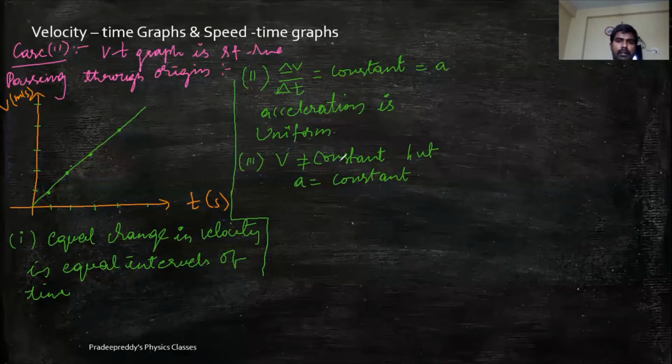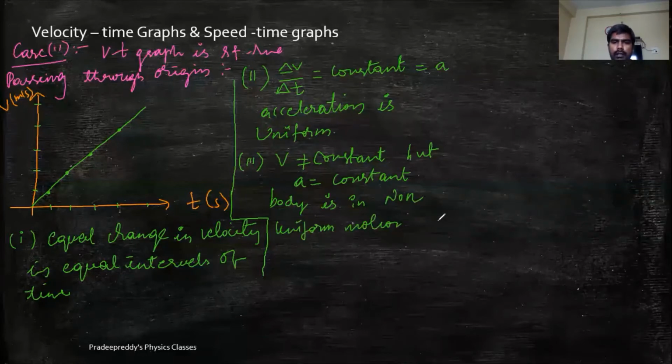So if V is not constant, what does it mean? Body is in non-uniform motion, but moving with uniform acceleration. Remember that.